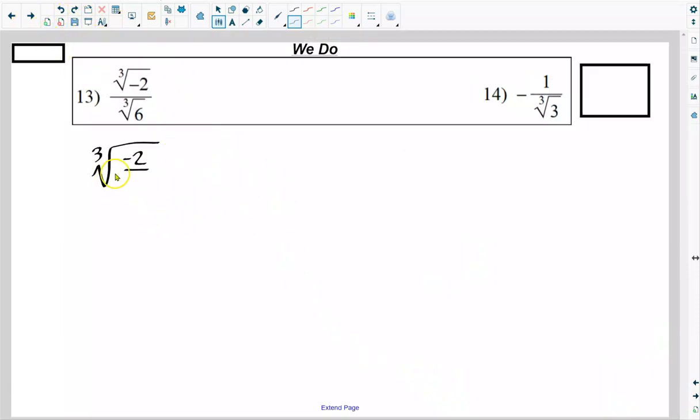Yowza, almost missed that one. All right, so we're going to go ahead and use tip number 2 so that we can reduce that a little more. Negative 1 over 3. Okay. We have a denominator in the radical, so we're going to separate them.